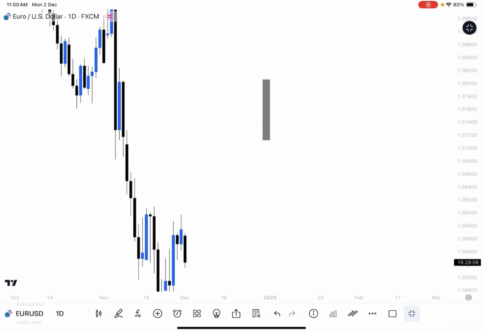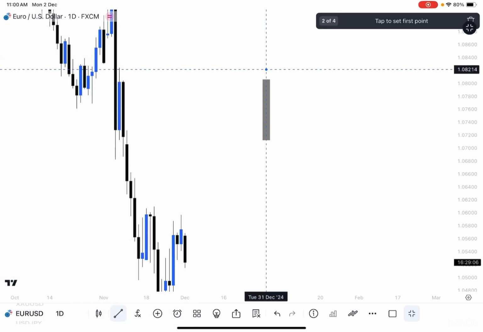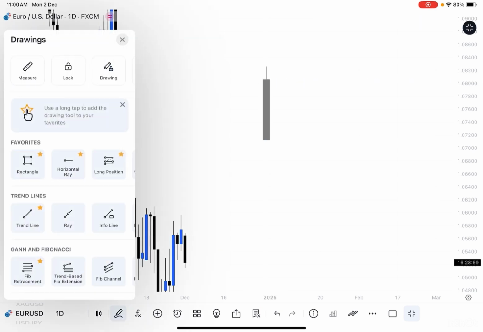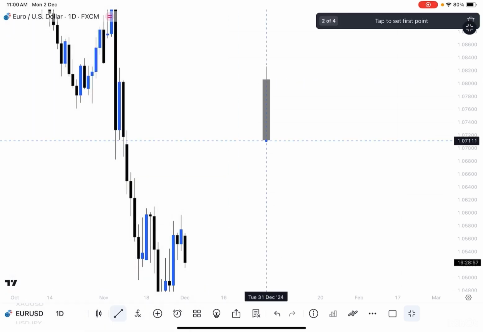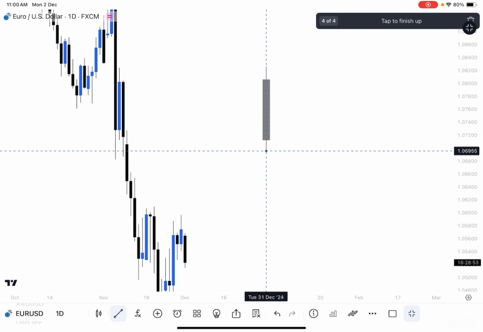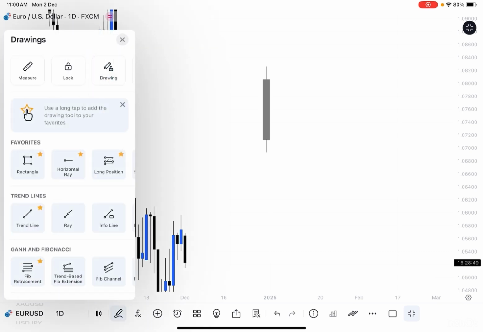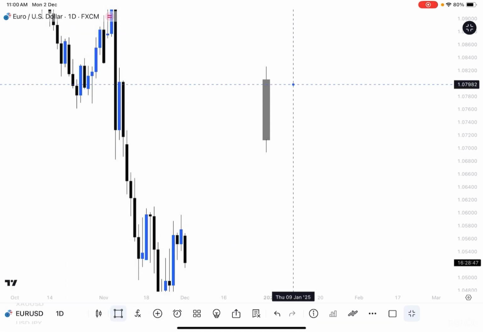First I'm drawing a candle. Trend line. And it's a CRT candle, and don't worry, I will tell you why it's a CRT candle. Again, the next candle.